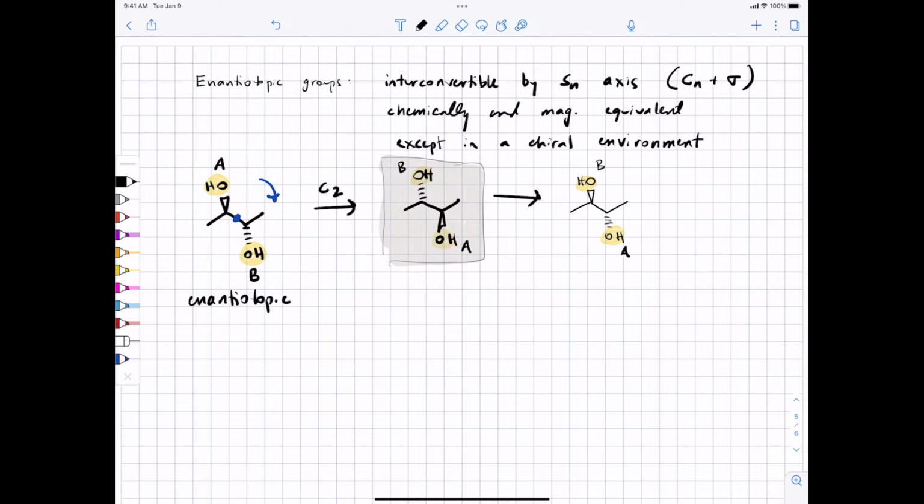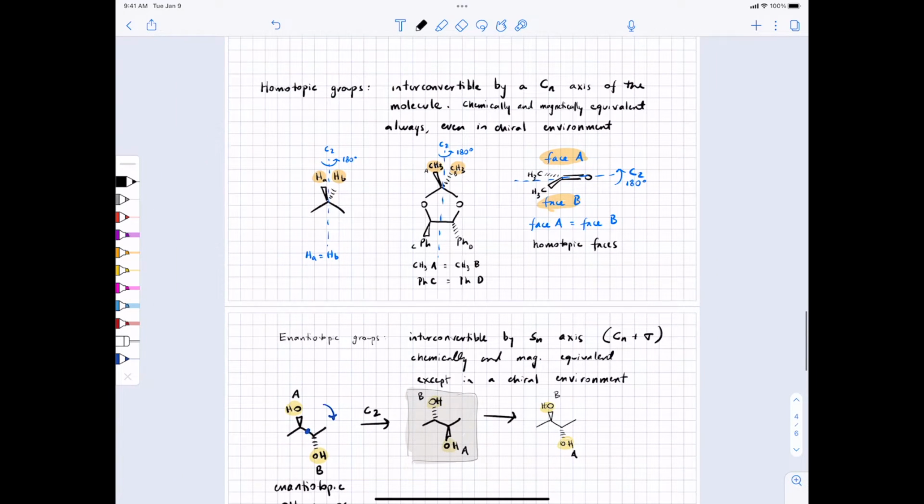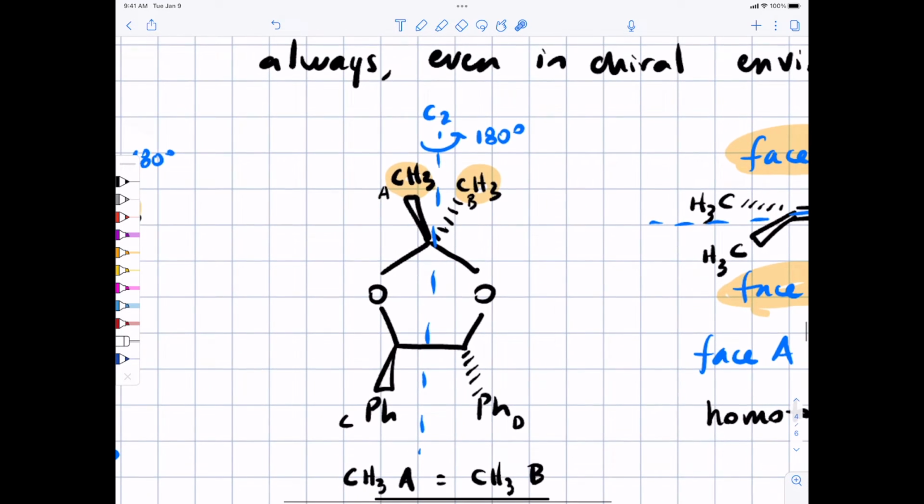Okay? Yes? Does enantiotopic or homotopicity take precedence? So if you have both SN and CN symmetry, do we say it's homotopic or enantiotopic? That's a good question. If you've got both, no, what makes these two methyl groups homotopic is that they're interchangeable only by a C2 axis.